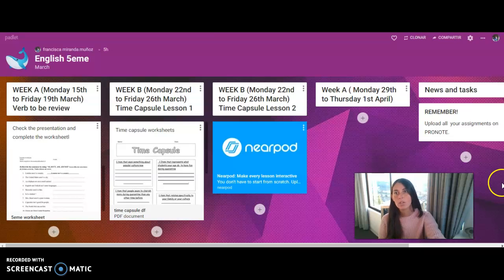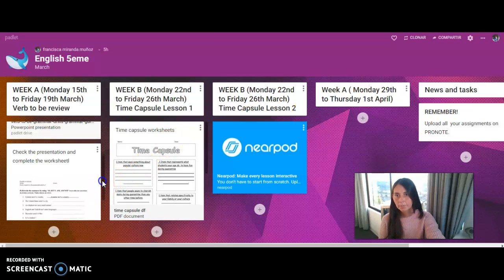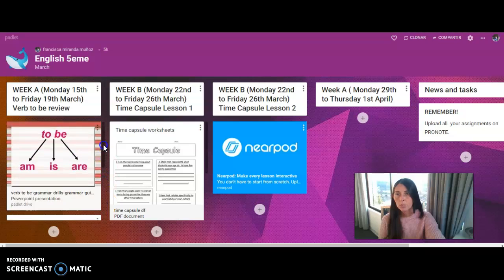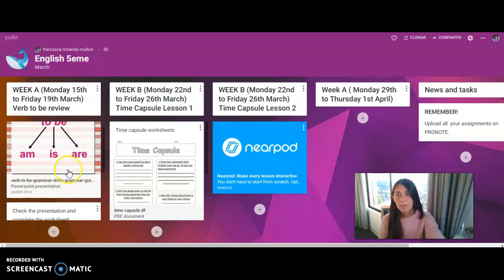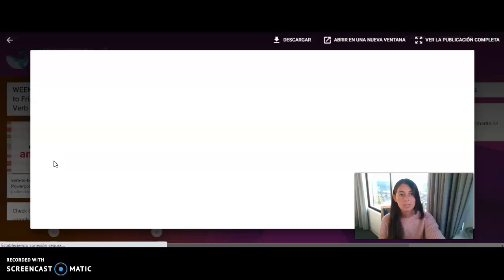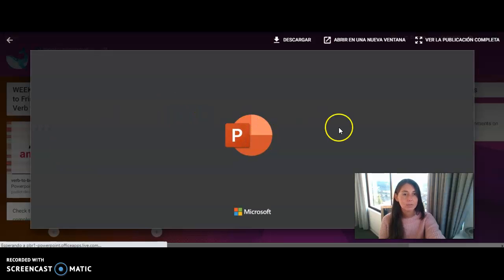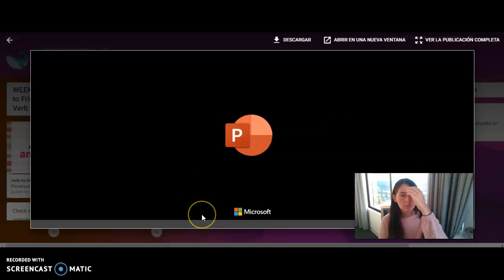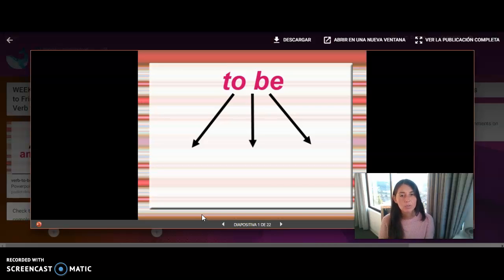So this week, with some of you, we're going to be checking the verb to be: I am, you are, he is, it is, we are, etc. I'm going to explain the verb to be real briefly, and then we're going to work on a simple worksheet. The verb to be has three forms: am, is, and are.